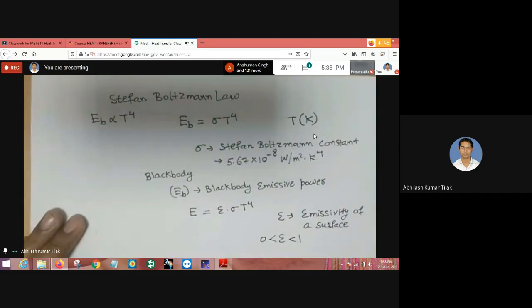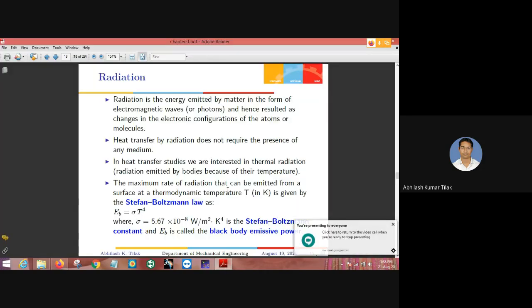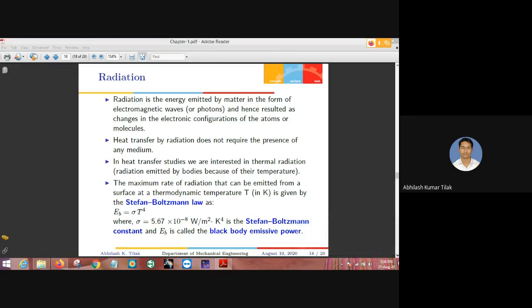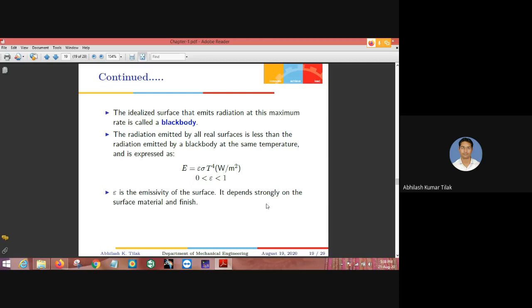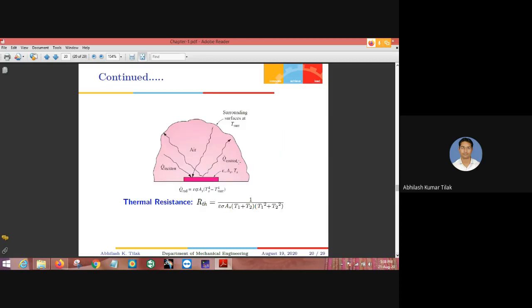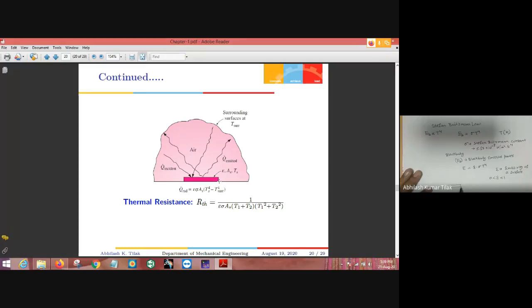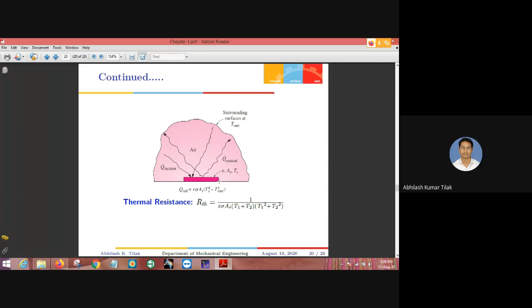So if there is a body here, and let us consider its temperature is Ts, its surface area is As, and the surface is having an emissivity value epsilon. And there is a surrounding air at a temperature T surrounding.